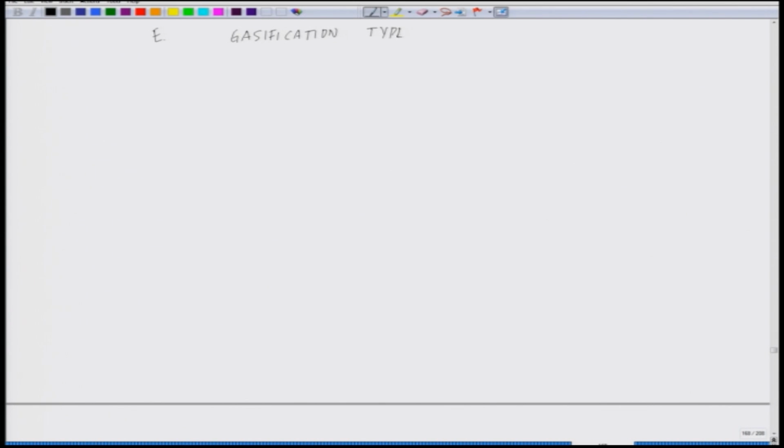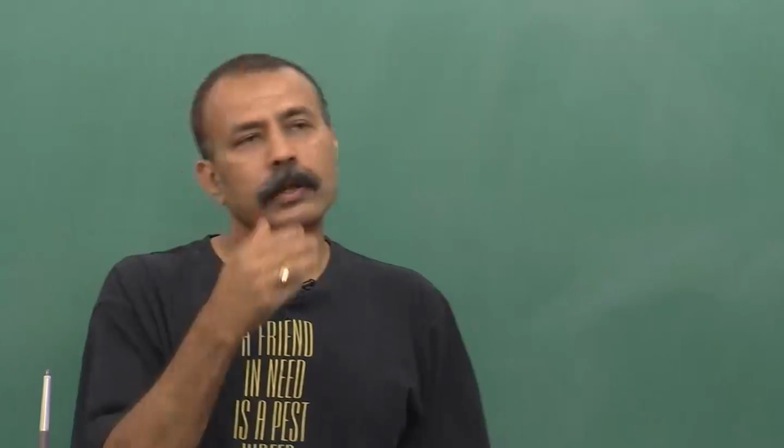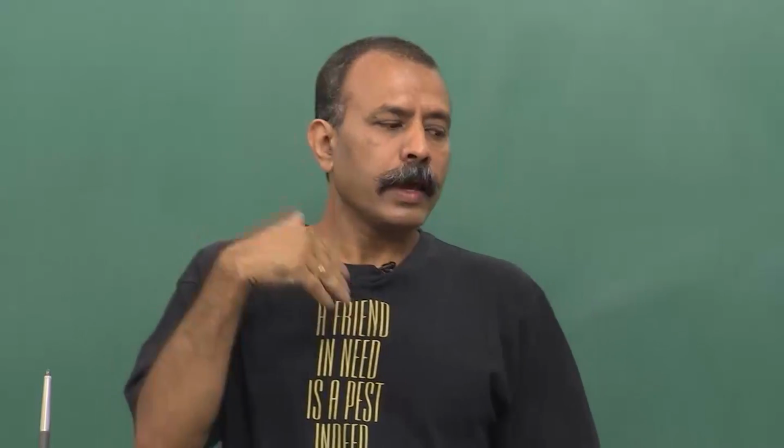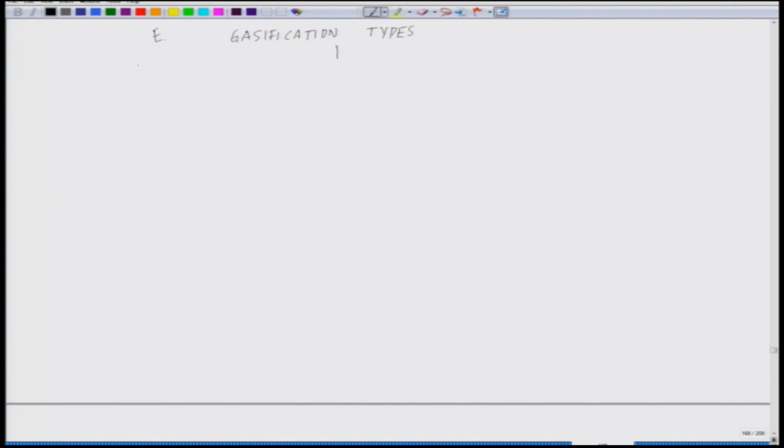In terms of the different types of gasifiers which have evolved through the years and through decades, we have three different kinds of gasifiers which are available. One is called the fixed bed gasifier, the other one is called the fluidized bed gasifier, and the third one is entrained suspension gasifiers. So, let us put them together under one schematic.